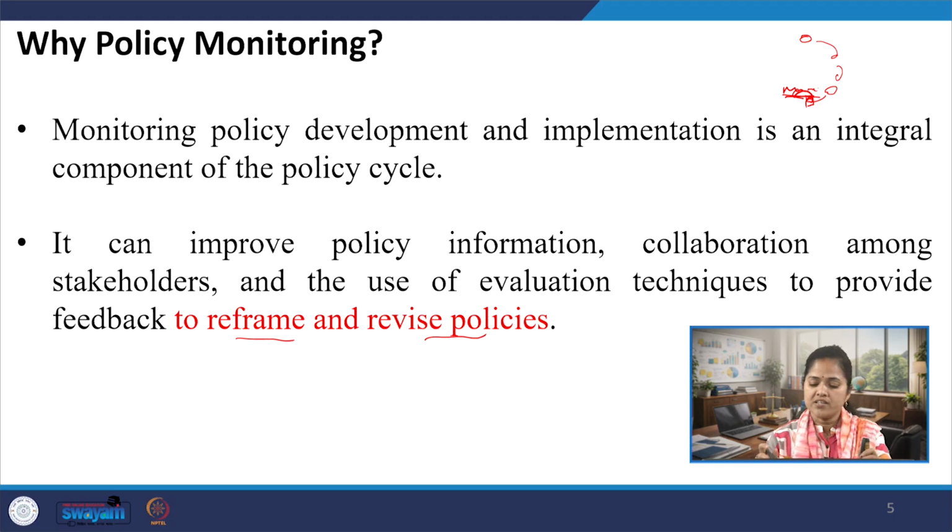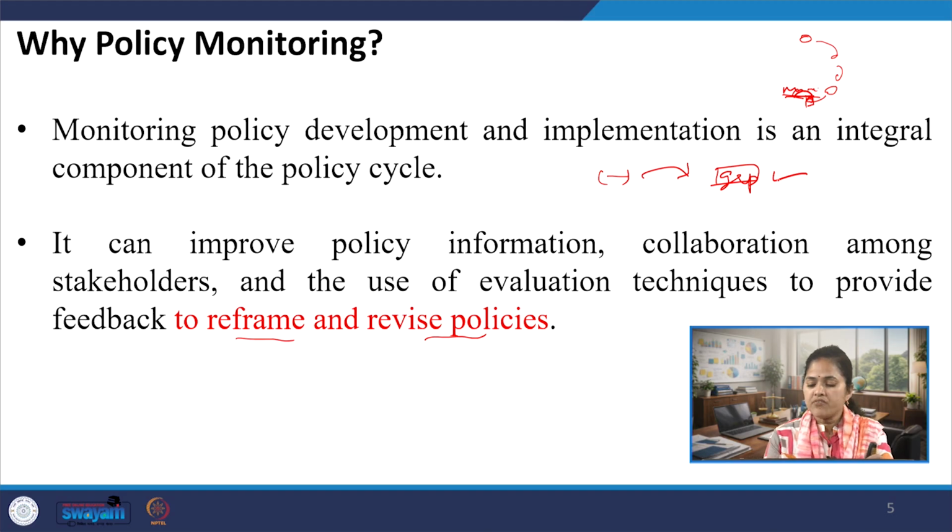That is the reason, while collecting the information, we can also identify if there is any gap, either in the policy implementation, or in the policy target. That means the targeted objective of the policy is something else, and what has actually been achieved is something else.